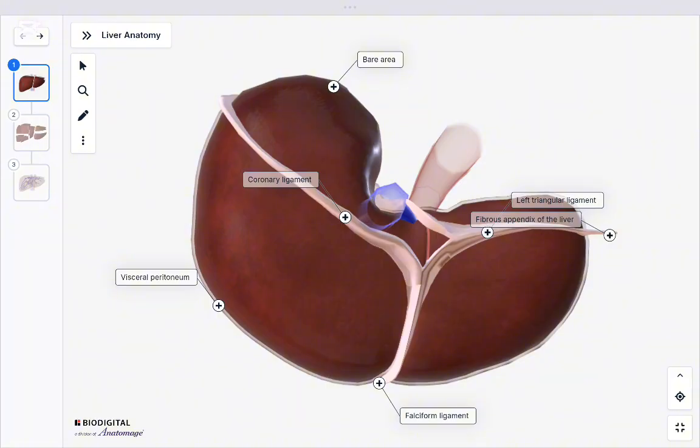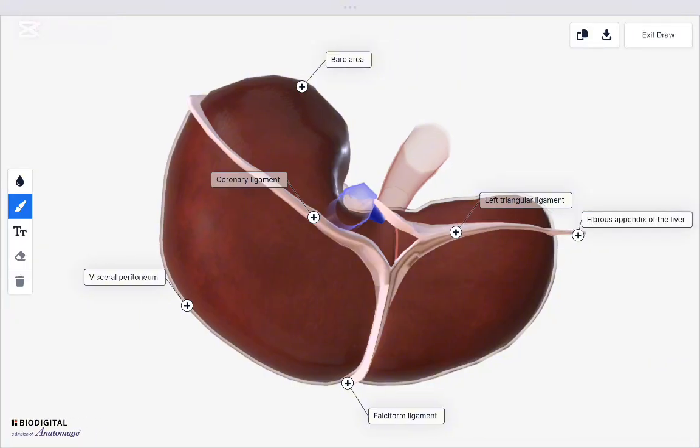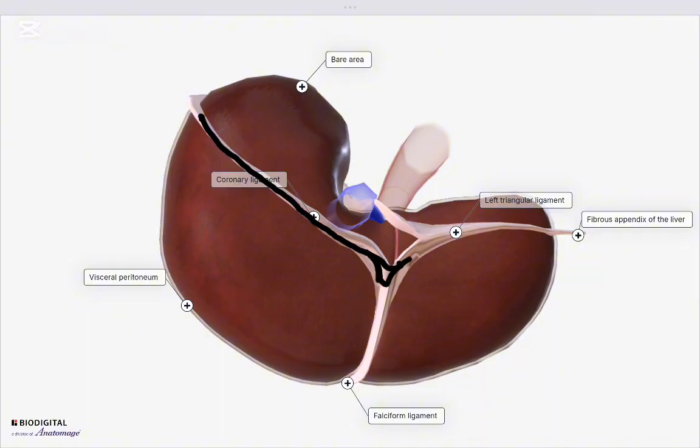The coronary ligament has two layers, as I've told you: an anterior, also called upper layer, and a posterior, also called lower layer. The anterior layer is over here. It runs on the superior surface of the right lobe of the liver, and here it continues into the right layer, and here's the left layer, and then it ends over here at this point.